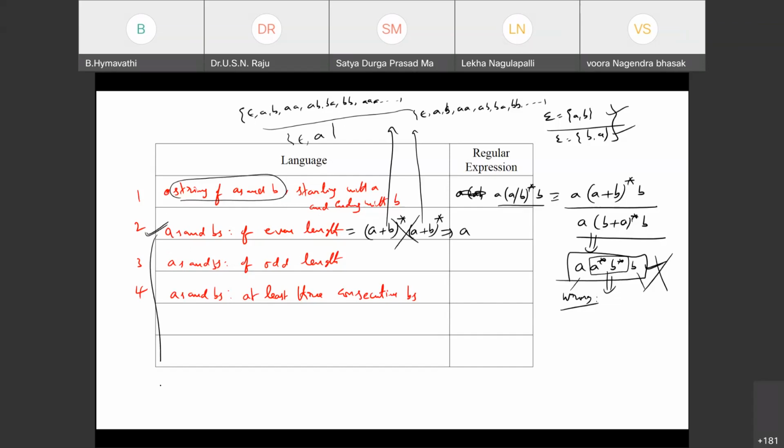Okay, then what is the expression? A whole star plus B whole star. Plus (BB) whole star, of even length. Then what about AB?